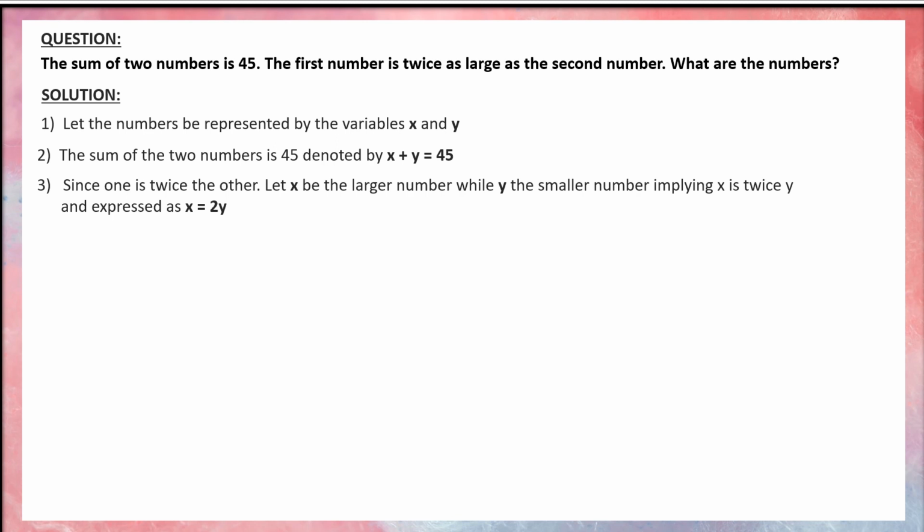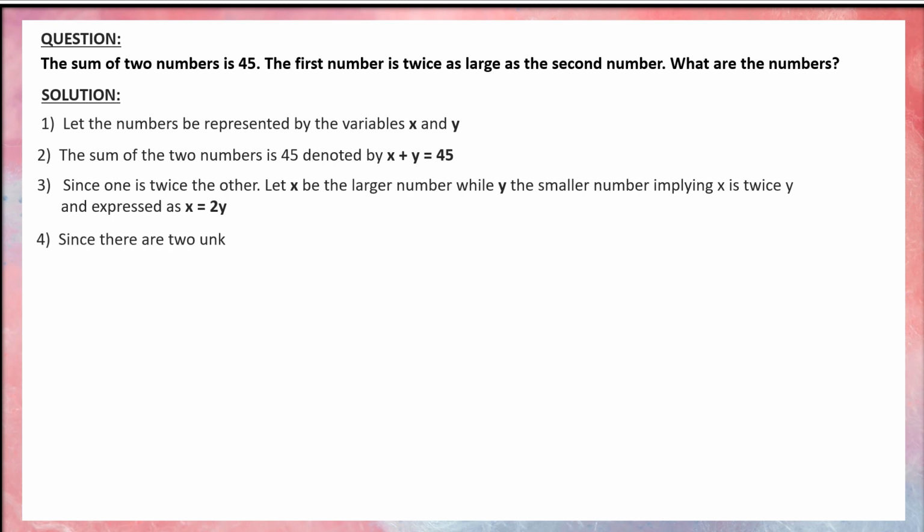That will be expressed as x equals 2y, because one number is twice the other. Since x is the larger number, x equals 2y. That means 2 of y will give you 1 of x. So x is 2y, and we can call it equation 2.